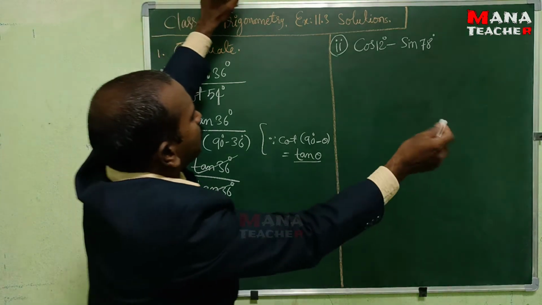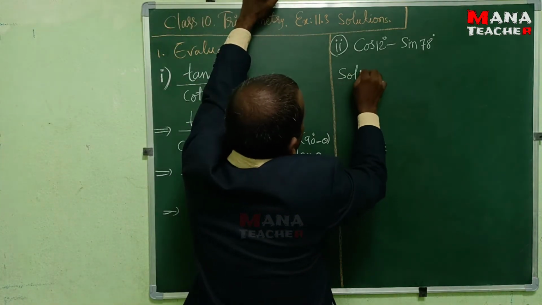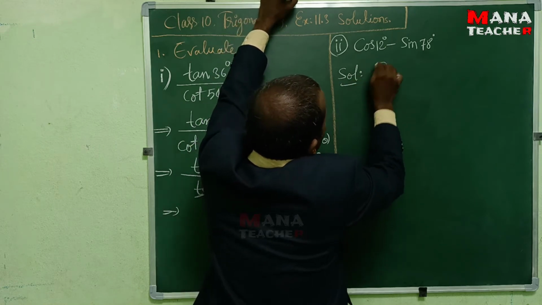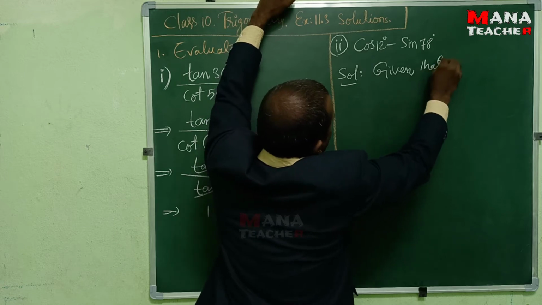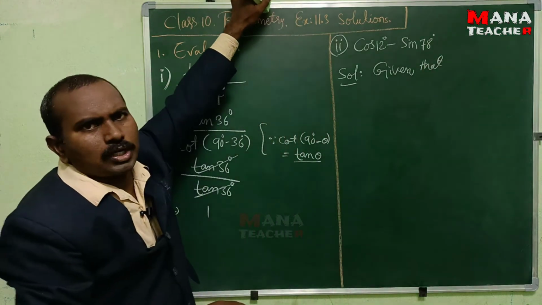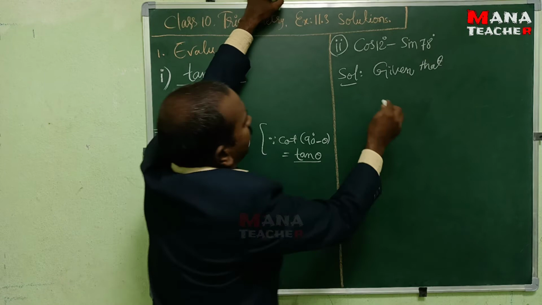Next, second problem solution. Given cos 12 degrees minus sin 78 degrees.